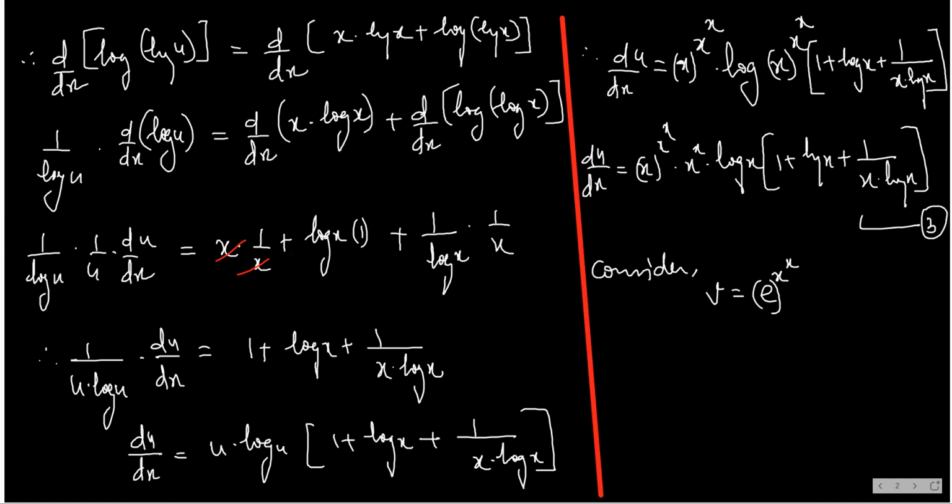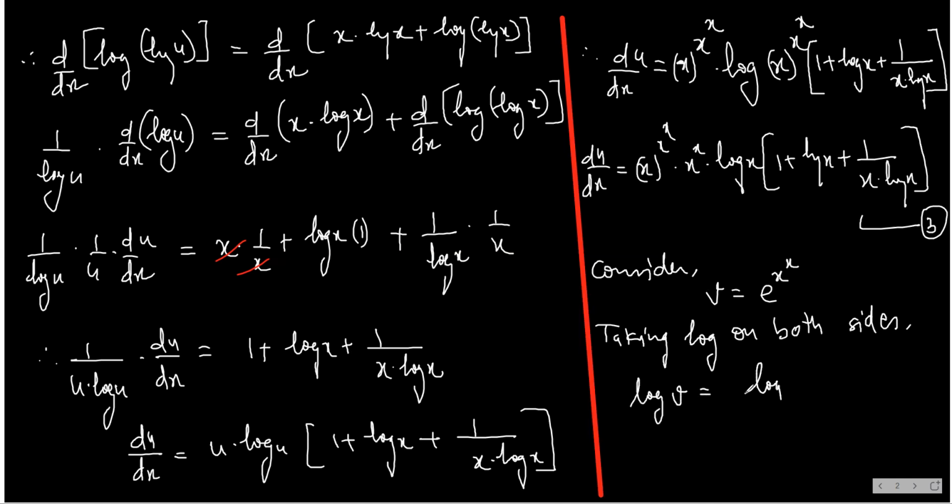Now I take log on both sides. First time I take log on both sides. So when I take log on both sides, I get log of v equals to log of e raised to x raised to x. This x raised to x will become the coefficient.